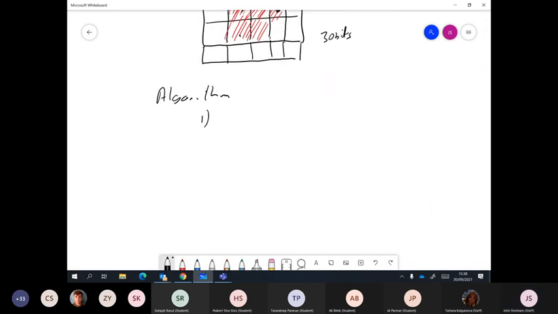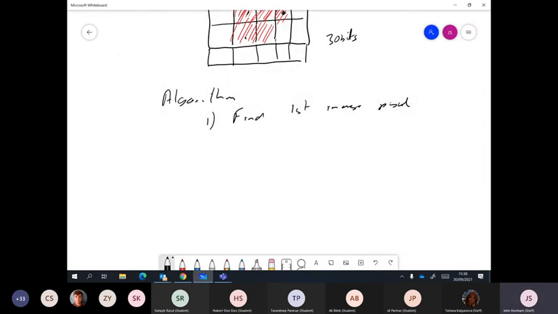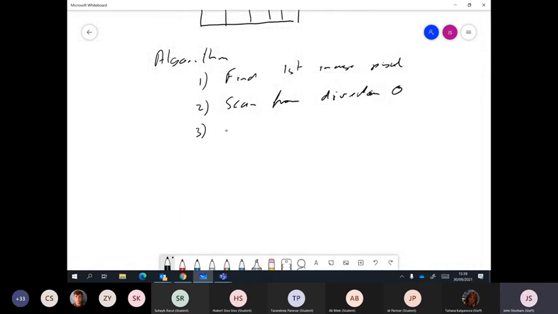Initially, find first pixel, image pixel, which is, of course, the first one. Scan from direction 0. Move to next edge pixel.